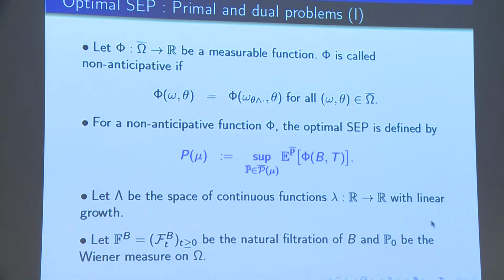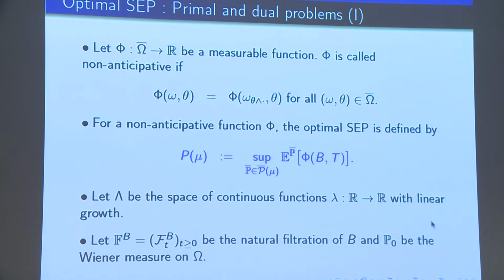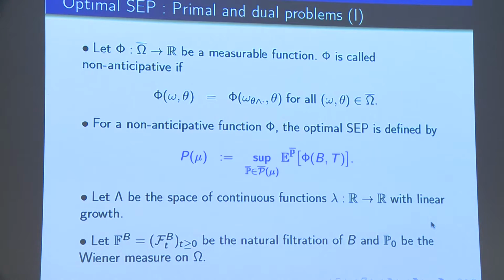So for such a non-anticipative function phi, the optimal Skorokhod embedding problem is defined as the maximum of this expectation over all probability measures P bar in the set P bar of mu. Okay, this is the primal problem. So we wonder whether the optimizer exists and how to characterize this optimizer.